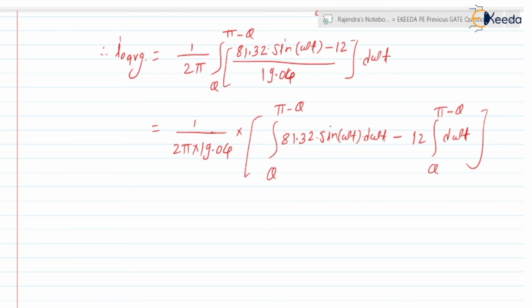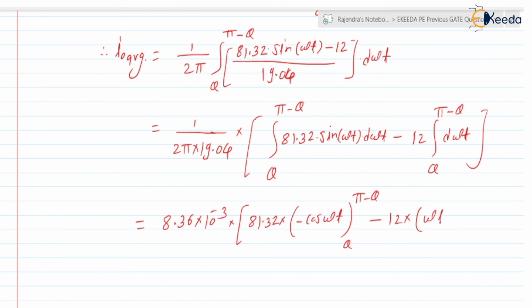Okay. So it is equal to 1 upon 2 pi into 19.04 into 81.32 into integration of sine, which is minus cos of omega t, limit theta to pi minus theta, minus 12 omega t, limit theta to pi minus theta.